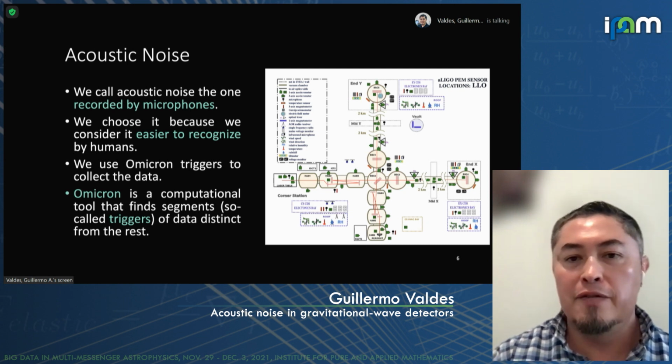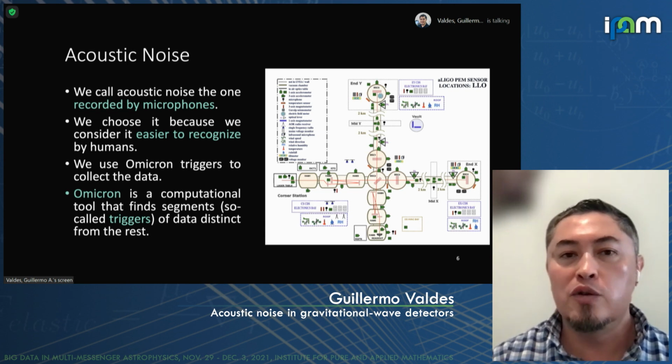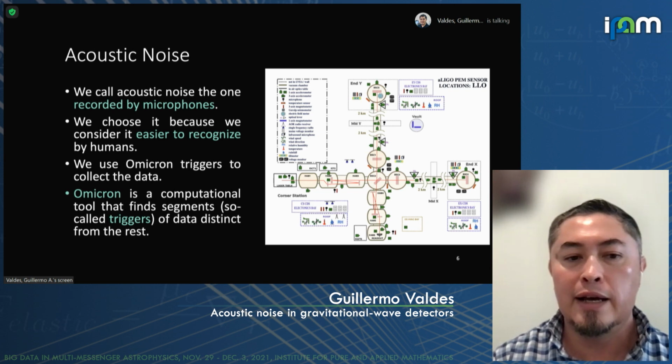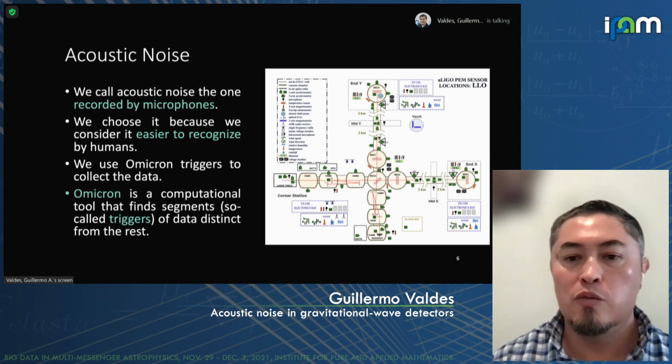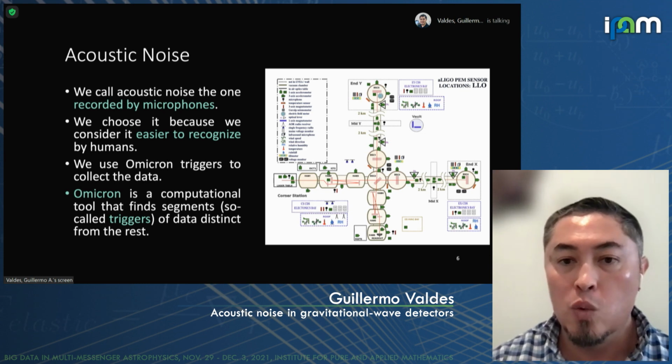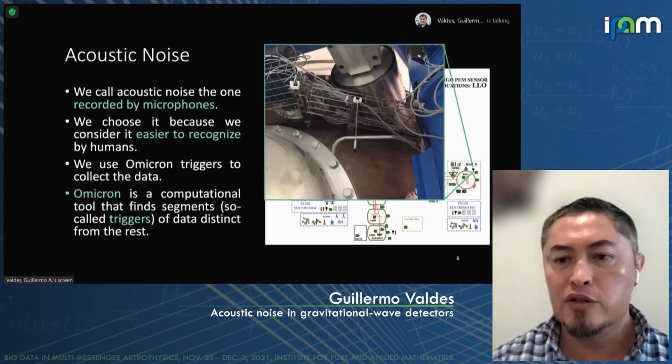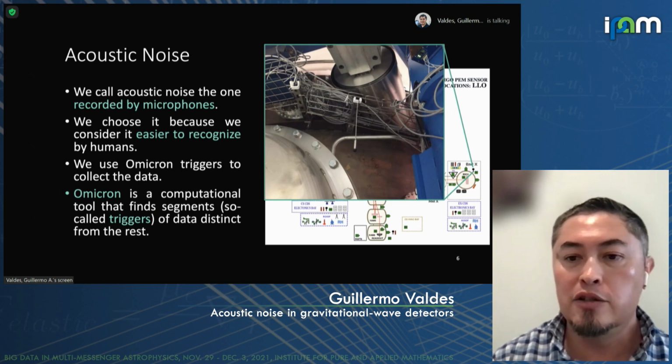If everything's quiet, whenever you hear a loud noise, that's what we call a trigger. For each one of these sensors, we have thousands of triggers in a day, right? So we are just going to focus on one, and this one is the microphone that is located in one of the arms of the interferometer.